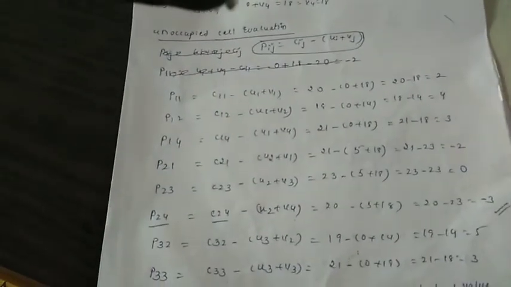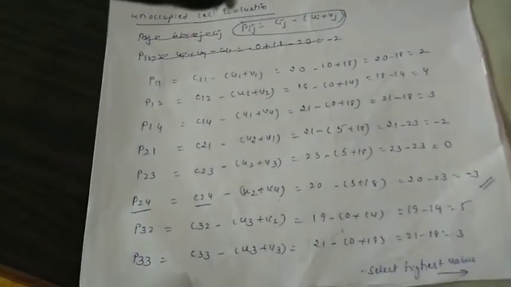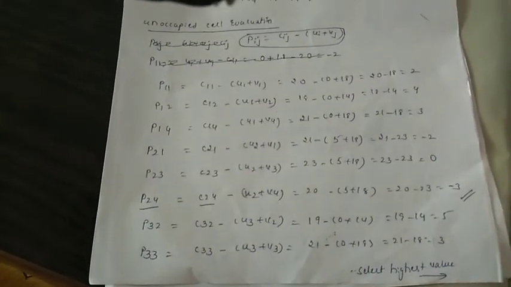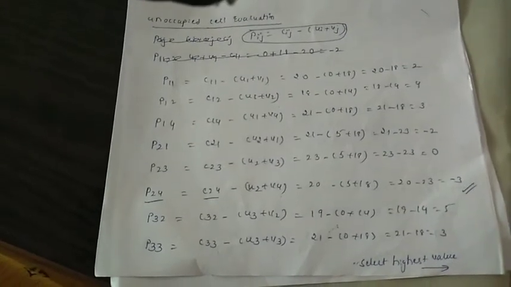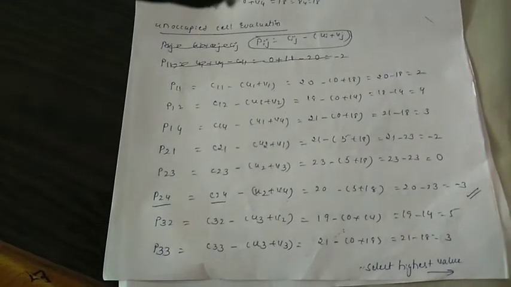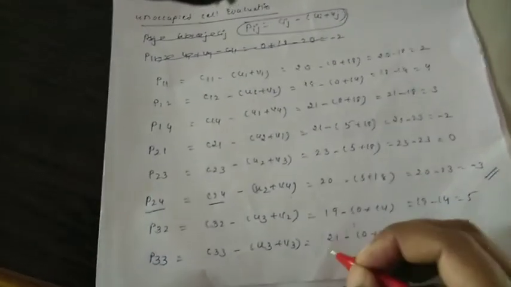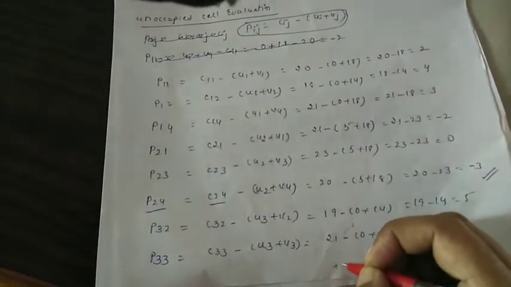Here in our unoccupied cell evaluation in the modified distribution method, that is nothing but the MODI method, we got 0 and positive values, but not only positive.